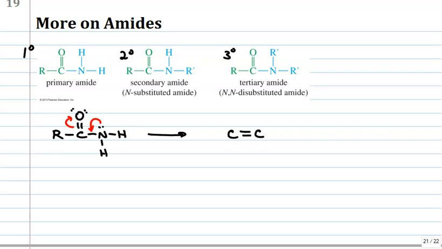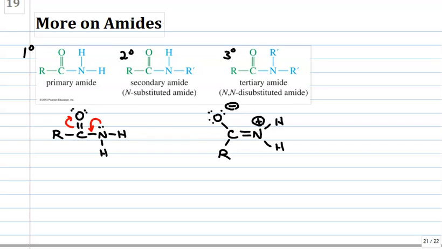So if you look at this, here is a legitimate resonance form for this primary amide that I drew. Make sure we do all the charges correctly. Now, let me just erase this to emphasize.